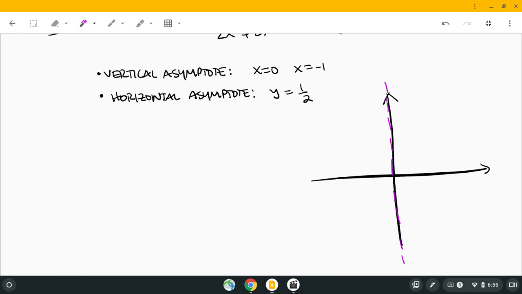X equals 0, x equals -1, y equals 1/2. And now we will make our table.